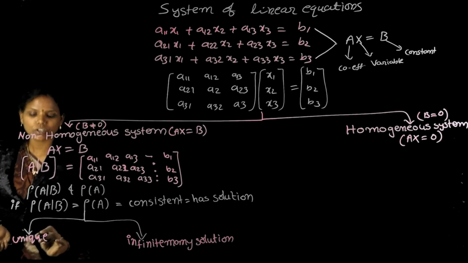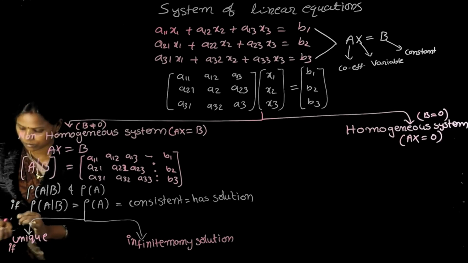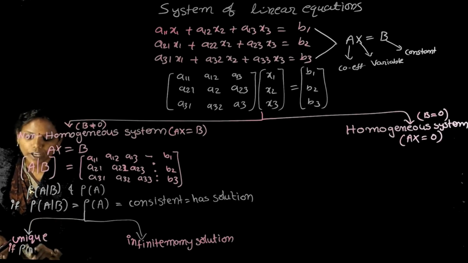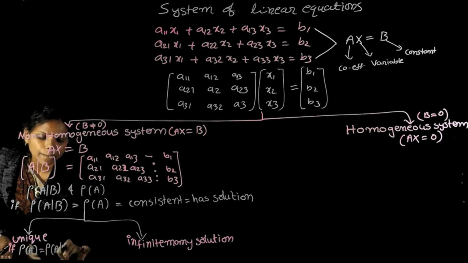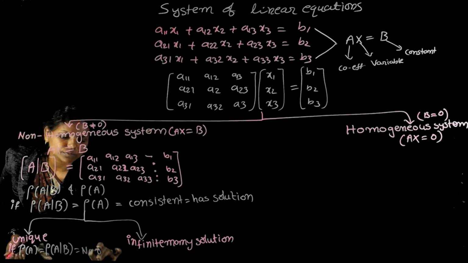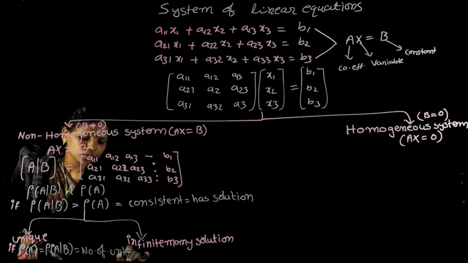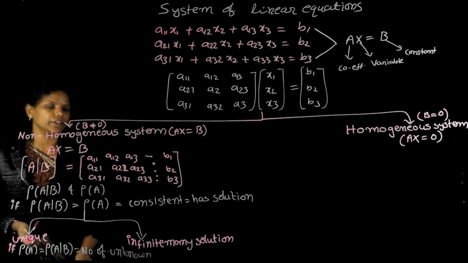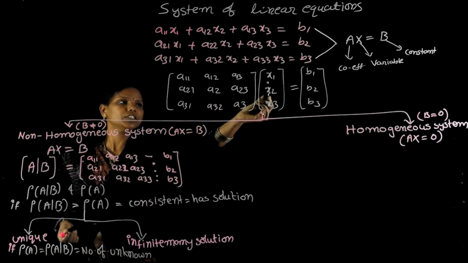When we get unique solution, if rank of A is equal to rank of AB is equal to number of unknowns, or number of variables. According to our system, how many number of variables here?